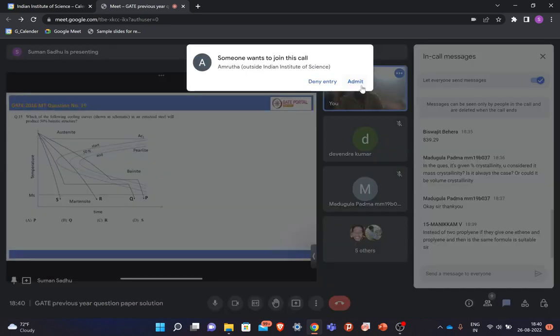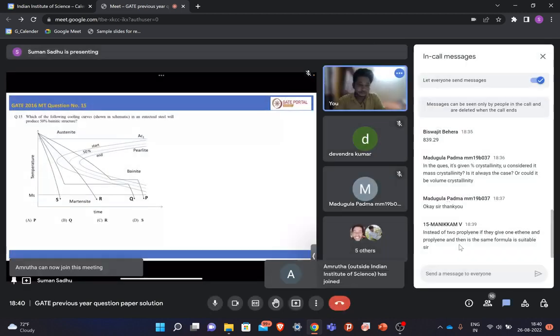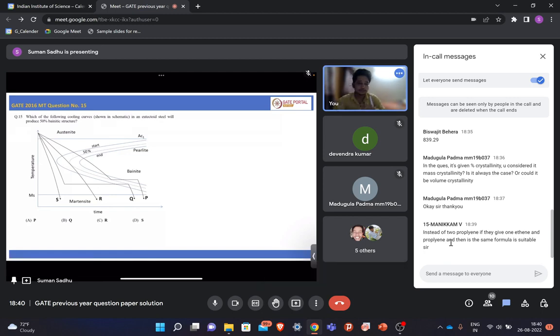Or this question is kind of different. What you are asking is a kind of mixture of two different polymers, and then the average density and mass, how it will be. This is different, but it is also a kind of similar thing.